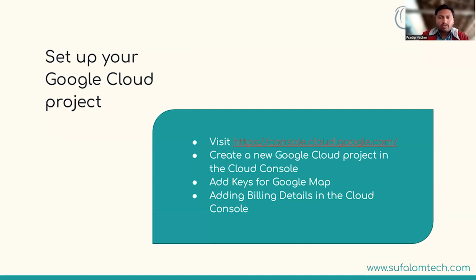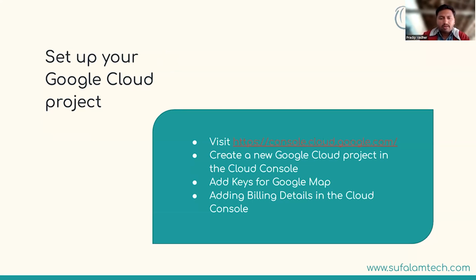Before going to the actual implementation, we have to create an account on Google Cloud. For that, we have to create a project with a project name, and we have to follow the Google guidance for how to add keys.